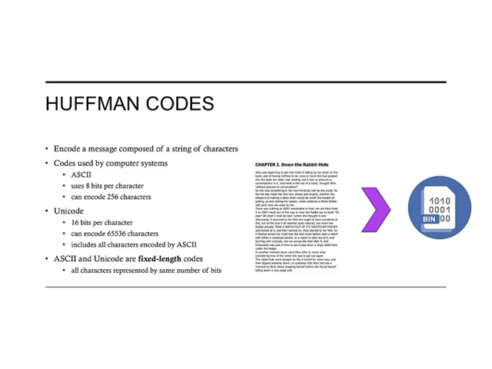And with that, we can start talking about a nice algorithm that is used in order to compute what is called the Huffman codes. And the idea is the following. We want to encode a message that is composed by a string of characters.